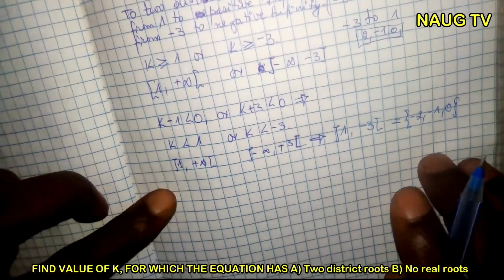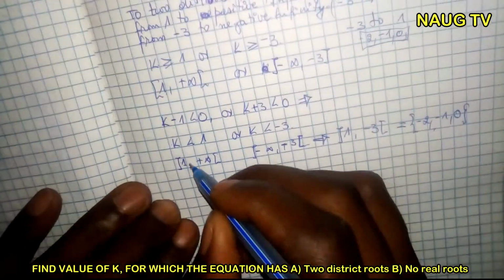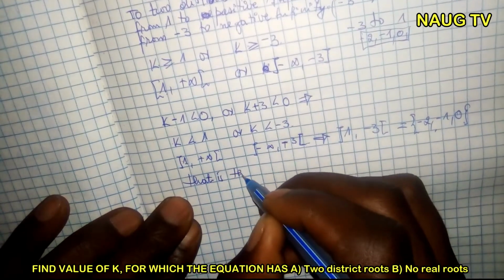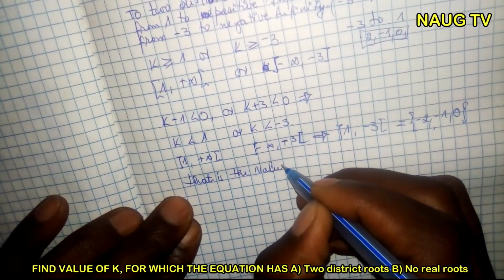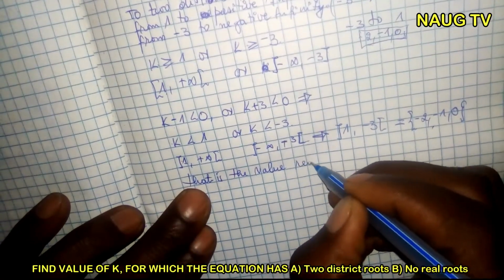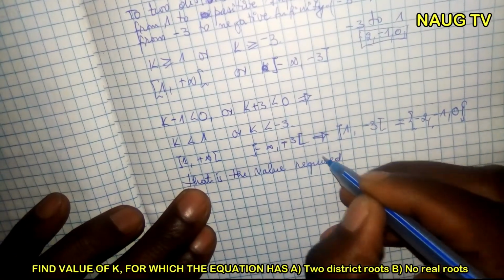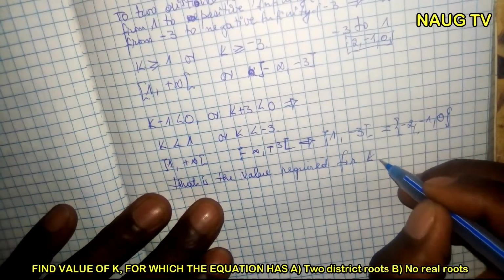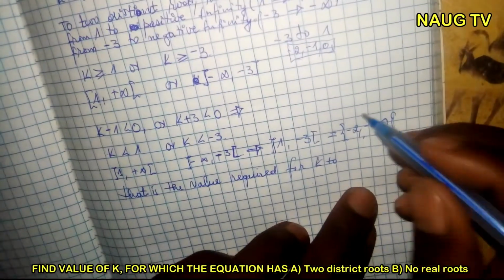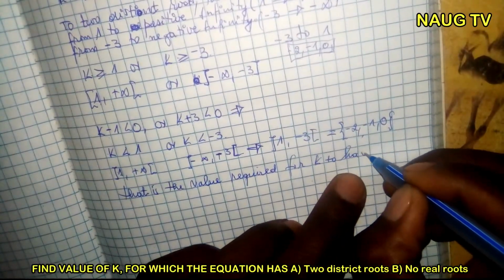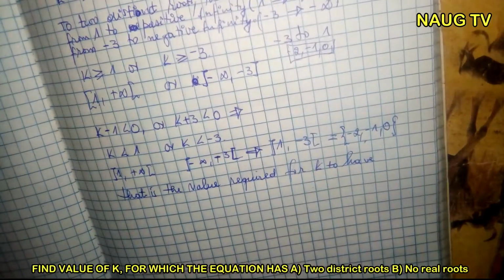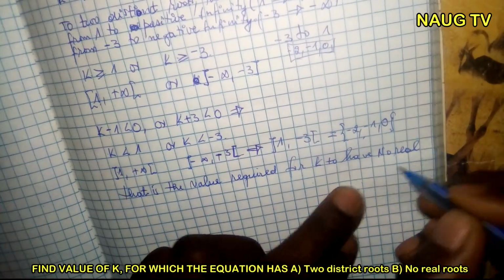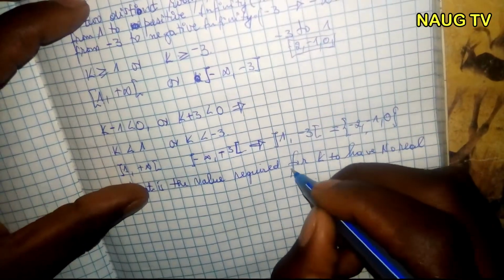That is the value required for k to have no real root.